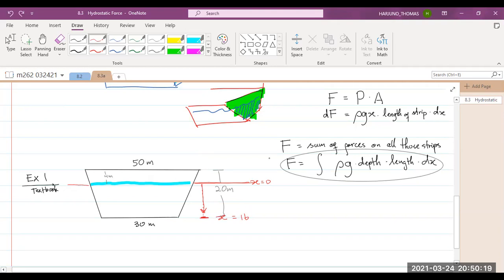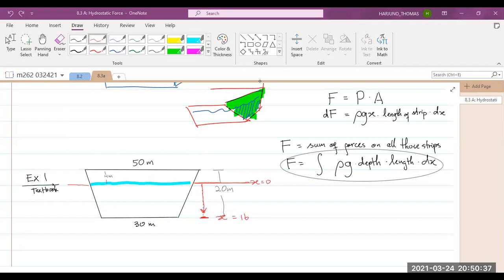Yes, the positive and negative becomes an issue. But the x increases as we go deeper. So it's supposed to be positive 16 here instead of negative 16.